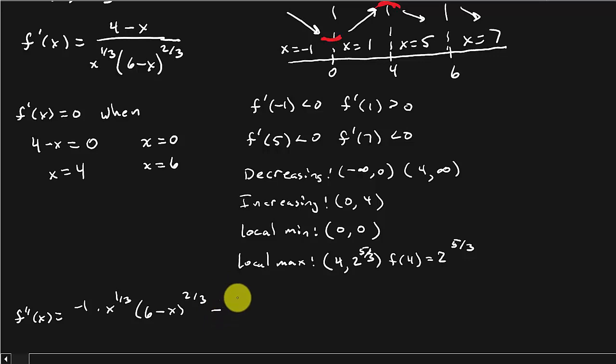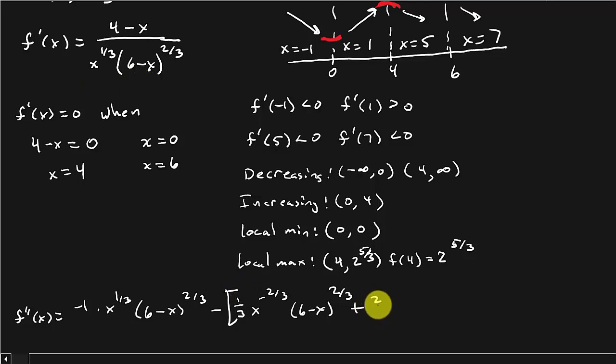Minus the derivative of the denominator, which is 1/3 x to the, let's see, what is that? That would be what, -2/3 minus 3/3. Yep. Times 6 minus x to the 2/3 plus, now this needs to all be in parentheses because we got to do the product rule to take the derivative of the denominator.